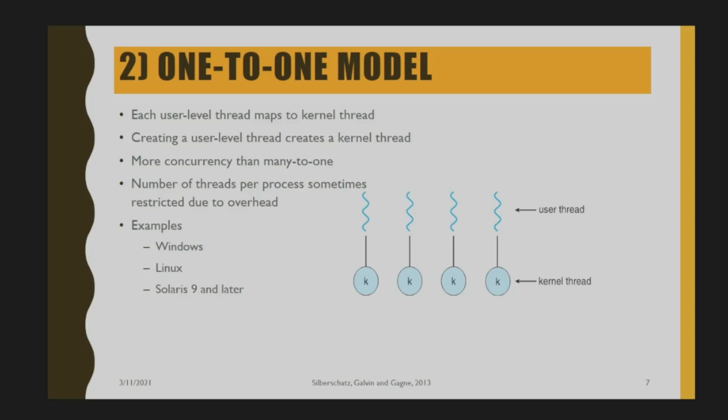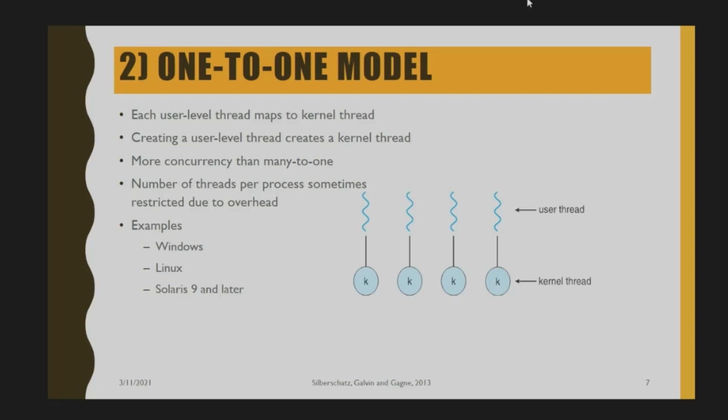So these are the models for one to one. It means that multiple threads can run in parallel on a multiprocessor. Okay, we have multiple threads and then we have multiple processors.